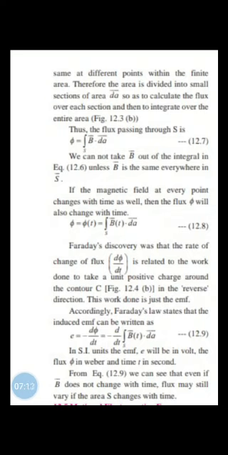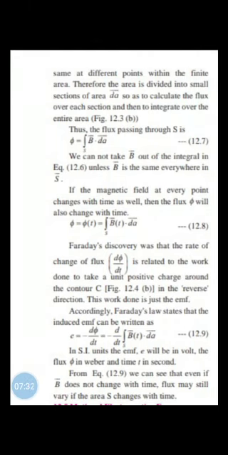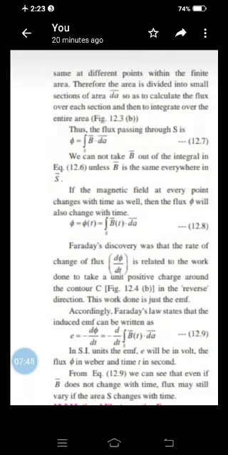So the final equation comes out to be E is equal to minus d by dt of the integration of B bar of t dot dA. In SI units, EMF E will be in volt, flux phi is in Weber and time is in second.